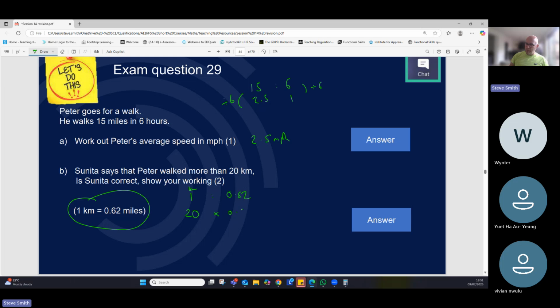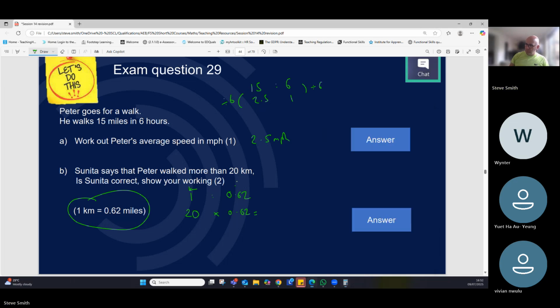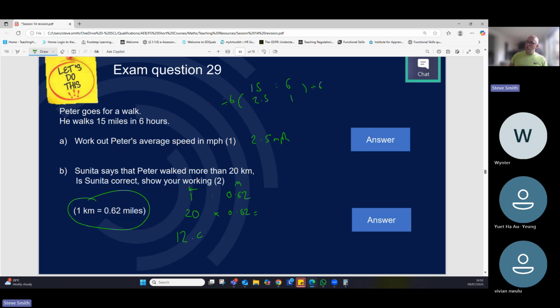We're going to multiply it by the miles, so we're going to get a smaller number to find out. Oh, didn't put an M there, did I? Miles. 20 times 0.62 equals 12.4.